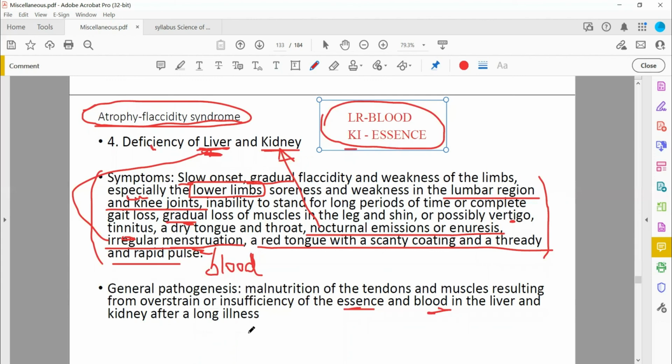If blood is not enough, essence is not enough. If essence is not enough, blood is not enough. And you still think about the relationship between the liver and the kidney. Usually, when there's a kidney insufficiency, essence deficiency, there could be liver blood deficiency.